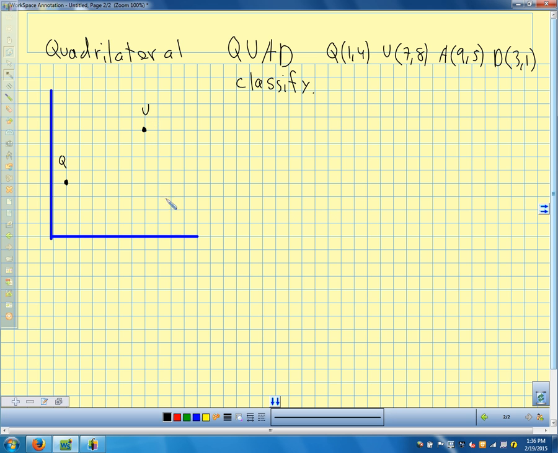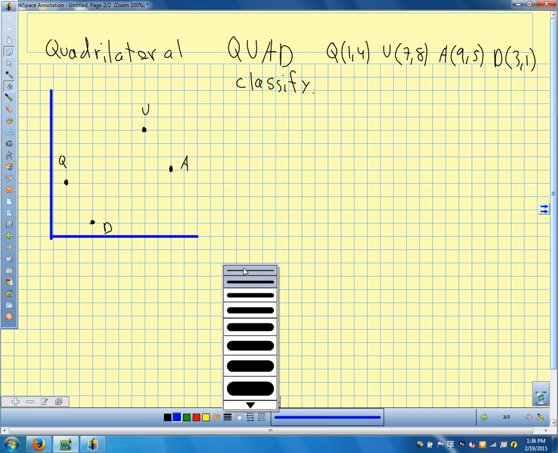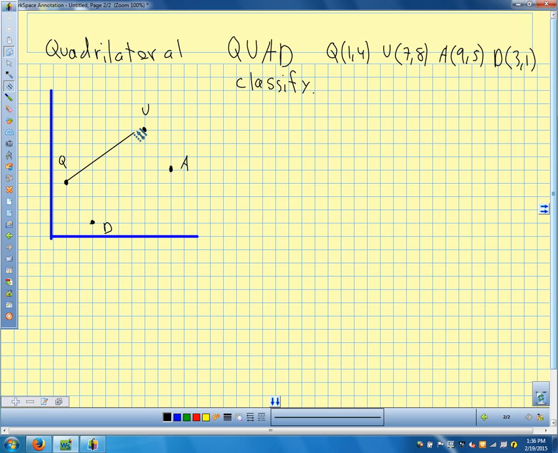There's a point U. I'm just plotting these points, A, and finally D is over 3, up 1. And there's point D. And I'm going to connect those together. All right, so there's our quadrilateral. What does it look like it could be? Maybe a rectangle? Looks like it could be a rectangle. So we want to figure that out.